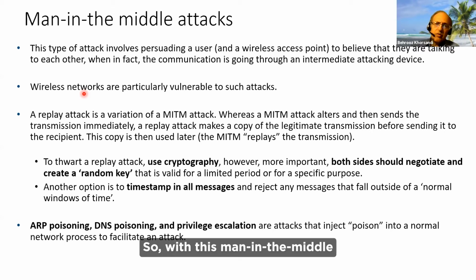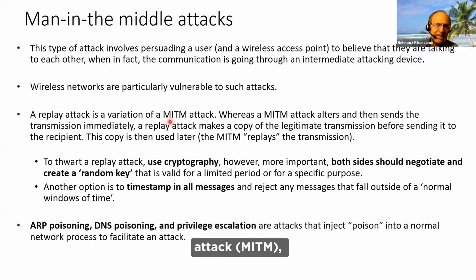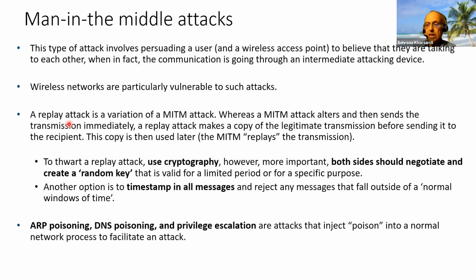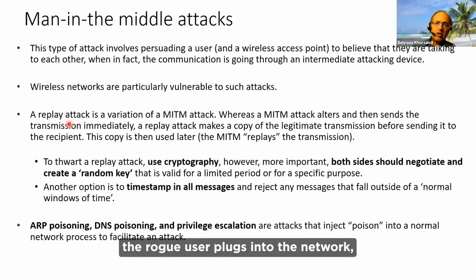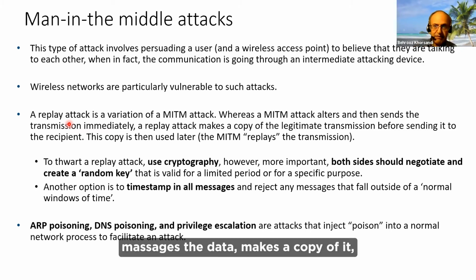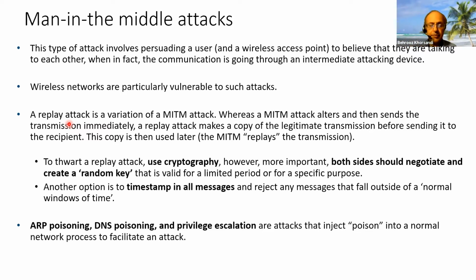So with this man-in-the-middle attack, MITM, we have a variety of it called replay attack, which means the rogue user plugs into the network. It receives the data from point A, the source, massages the data, makes a copy of it, makes modification to it, and then replays it and puts it back on the wire.